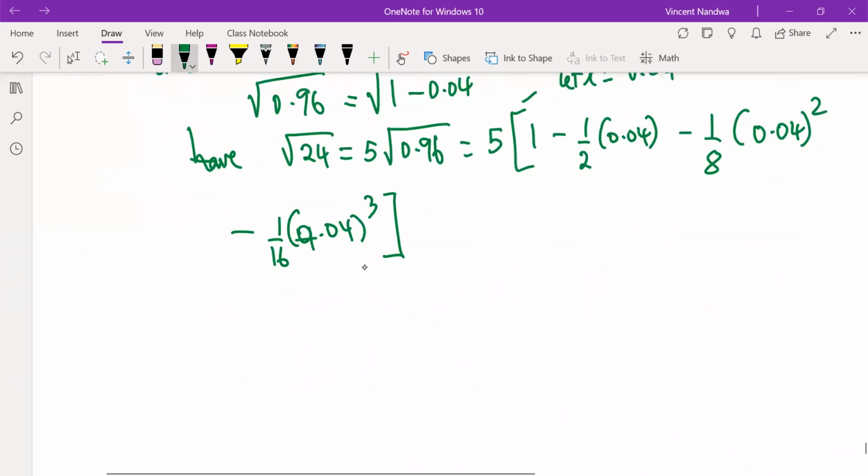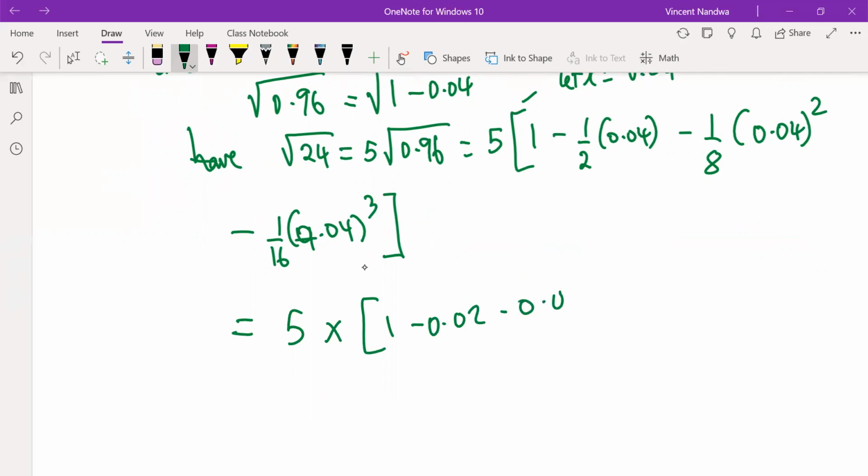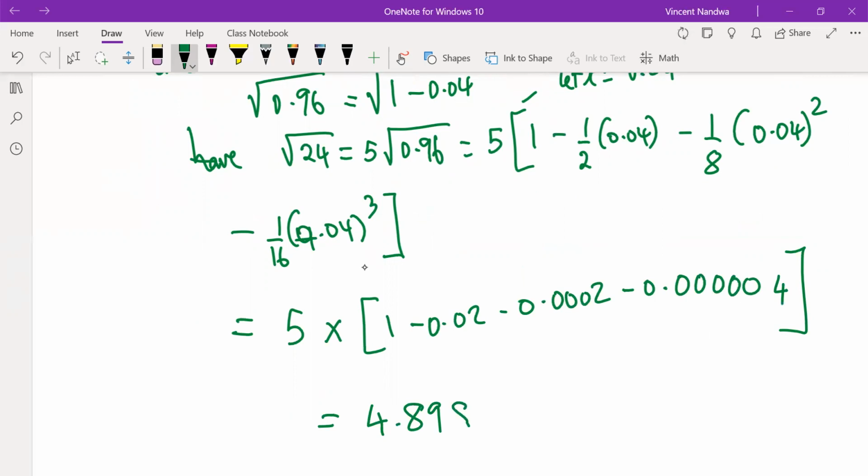So this will give us 5 times 1 minus 0.02, 0002, 1, 2, 3, 4, 5. So which is 4.89898 to the nearest 5 decimal places.